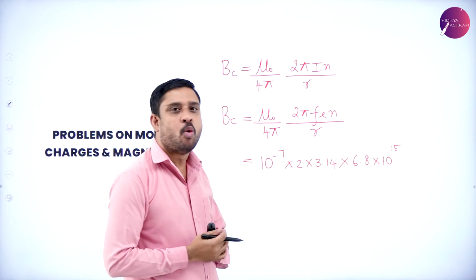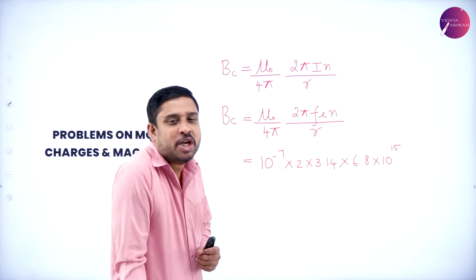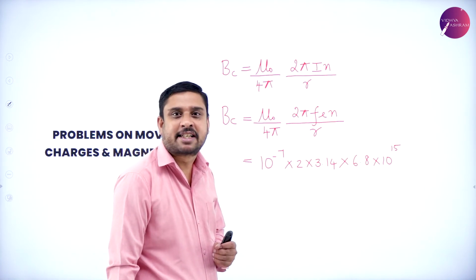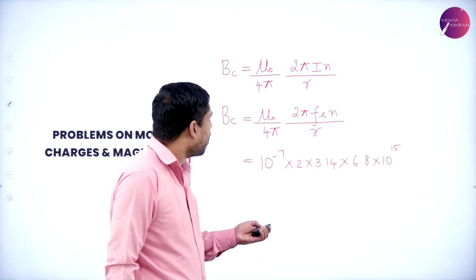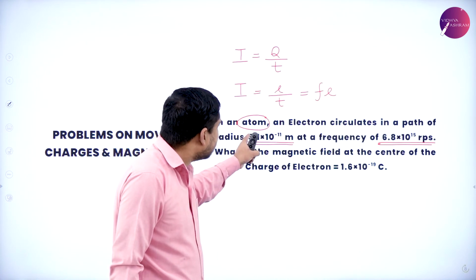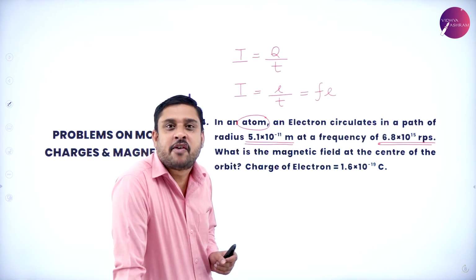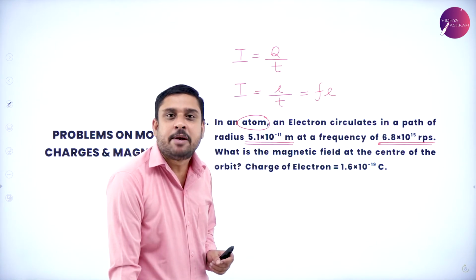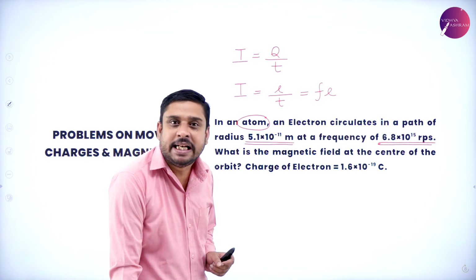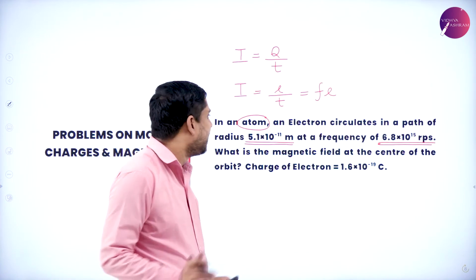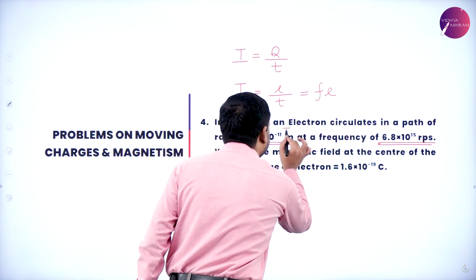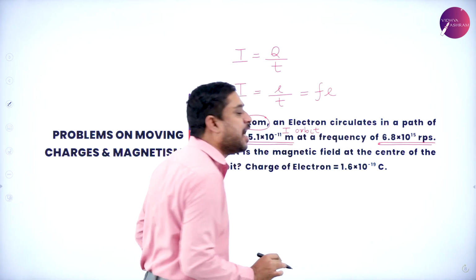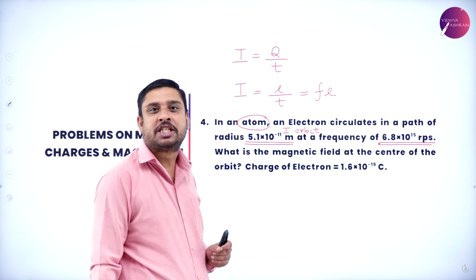What is N now? That is where your theory comes into the picture. Atomic structure. If you observe, the radius is 0.5 angstrom or 5 into 10 power minus 11 meter, which theory says is the radius of the first orbit of the hydrogen atom.